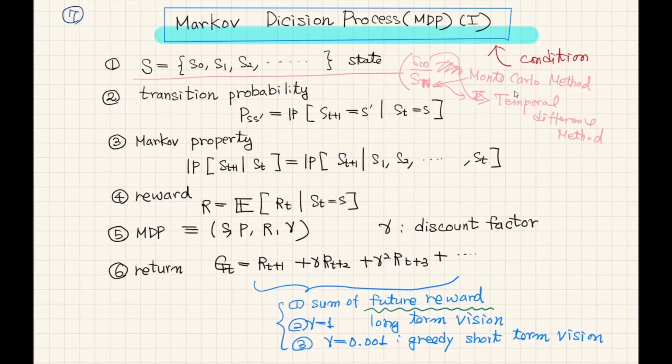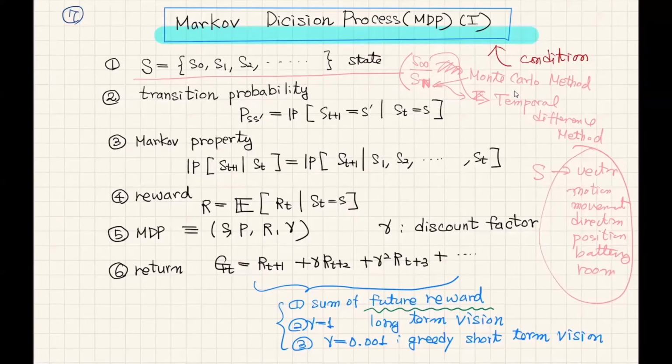For example, if you are designing a robot, S can be represented by a vector such as motion, movement, direction, position, battery, or room. Maybe there might be 1,000 vector elements to define the state of a robot.